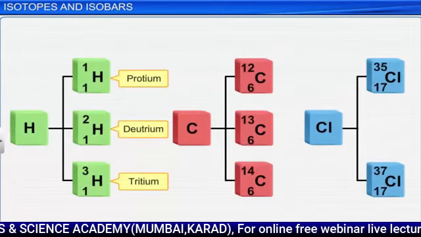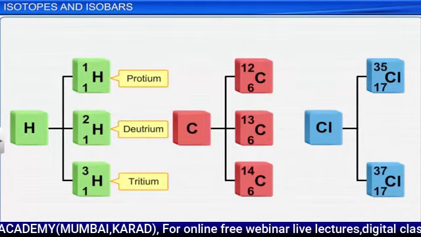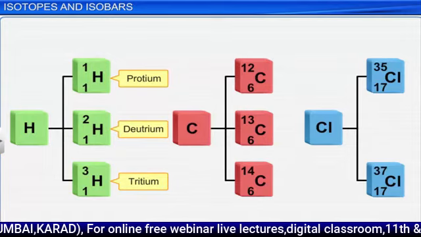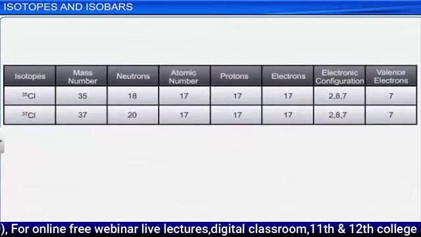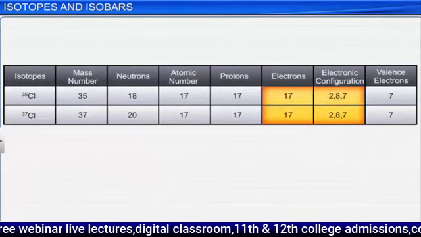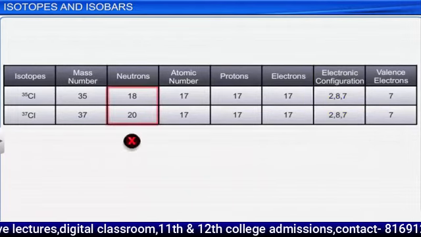Isotopes of the elements other than hydrogen do not have special names. They are represented by simply indicating the mass number on the element's symbol. The chemical properties of an element depend on the number of electrons present and their configuration within an atom, and not on the number of neutrons.